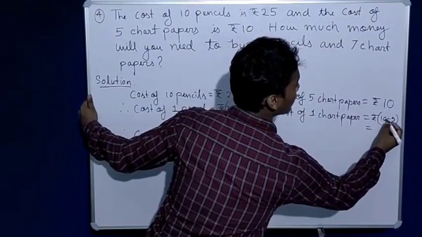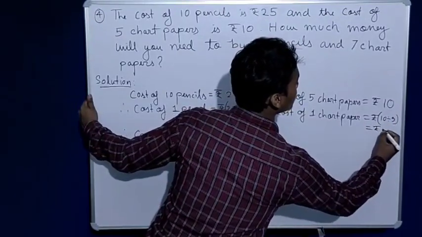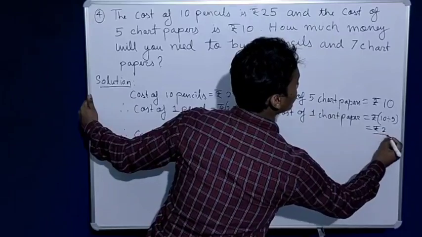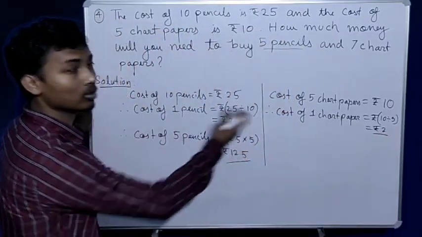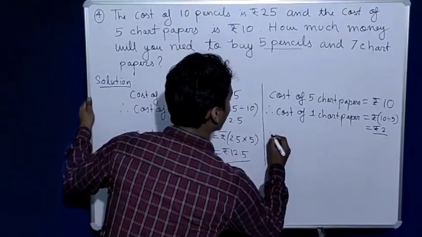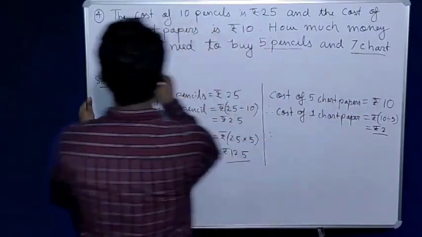So 10 divided by 5 is equal to rupees 2. Now we have got the cost of 1 chart paper. We can find the cost of 7 chart papers.